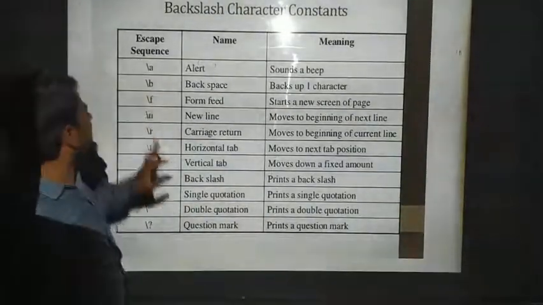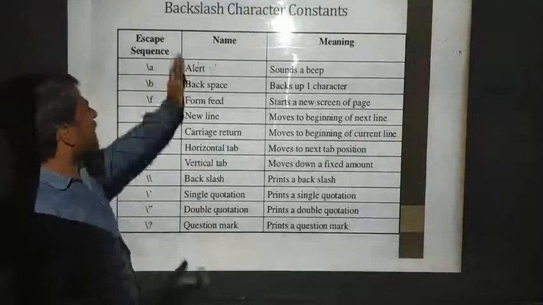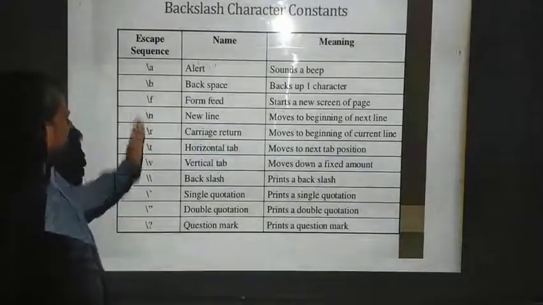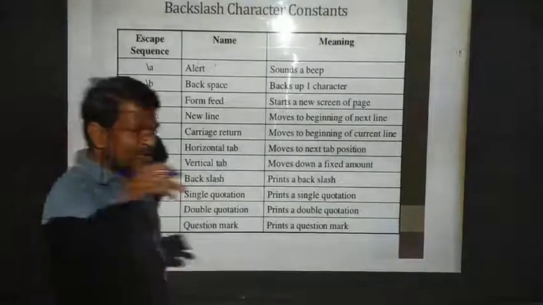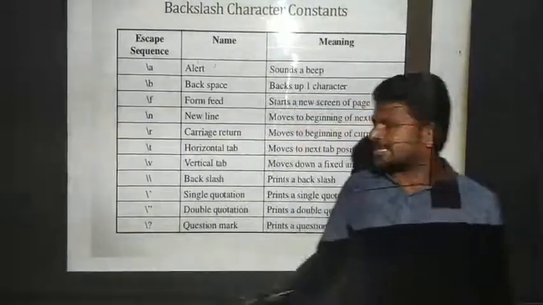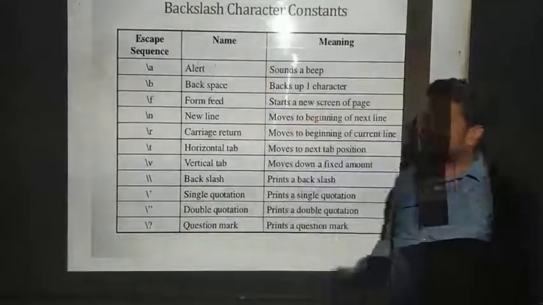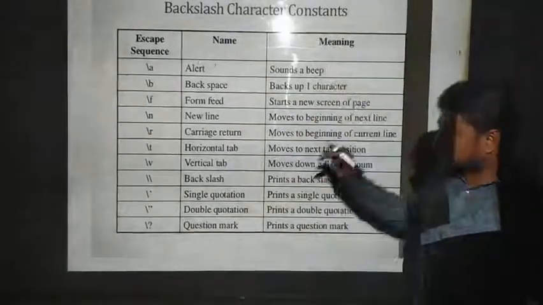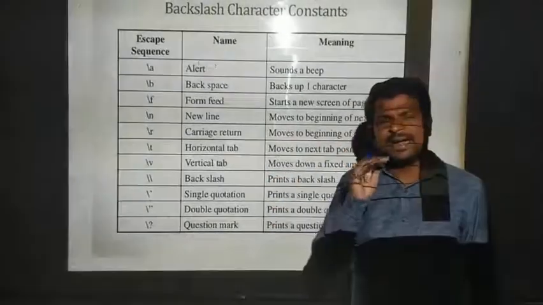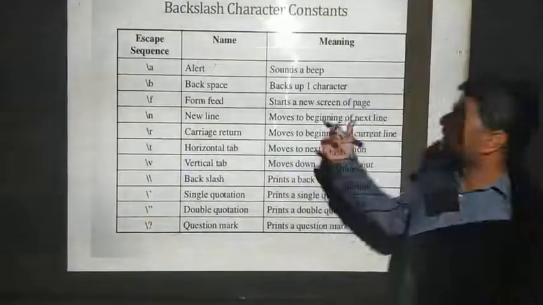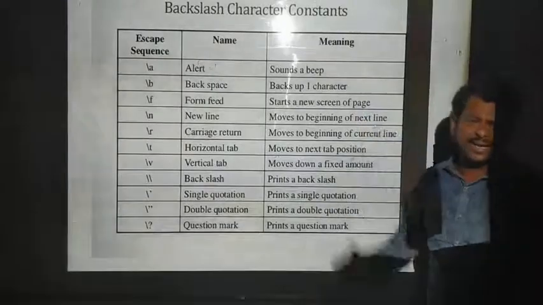Many backslash character constants are there. Backslash t means tab. We have a tab key on the keyboard; in the same way we can use the backslash character constant. When the program executes, the cursor will jump one tab space. This is about backslash character constants.